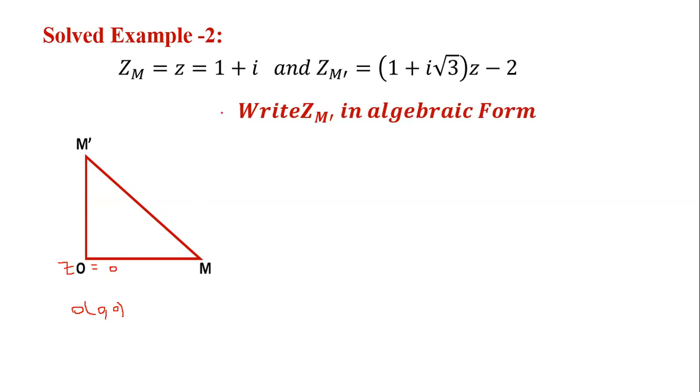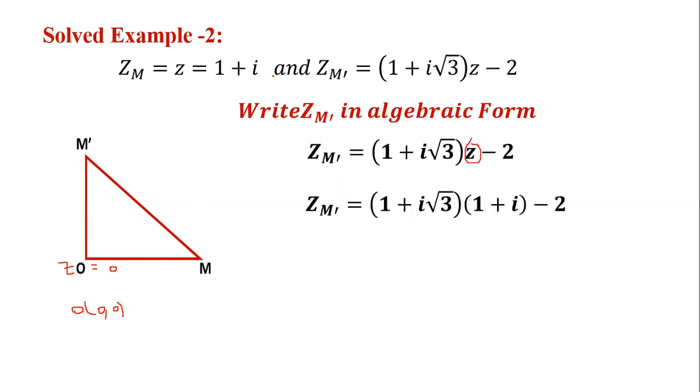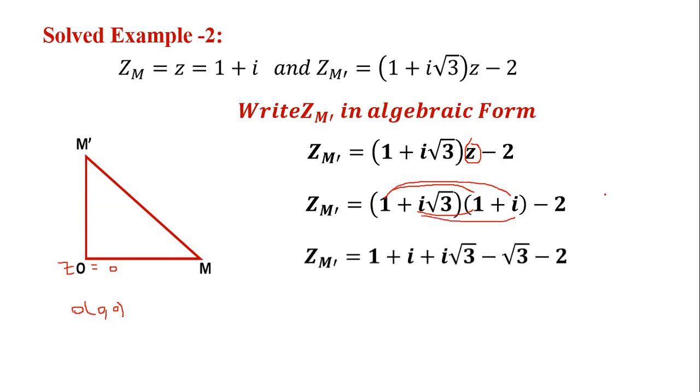In the first part, it is required to write Z prime in algebraic form. So we are going to replace Z now by 1 plus i, and we are going to expand, multiplying first by first, first by second, second by first, and second by second. Don't forget that i squared in complex numbers is always equal to minus 1.